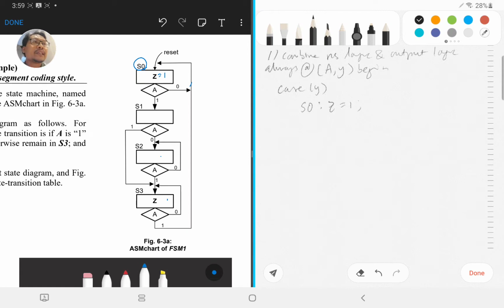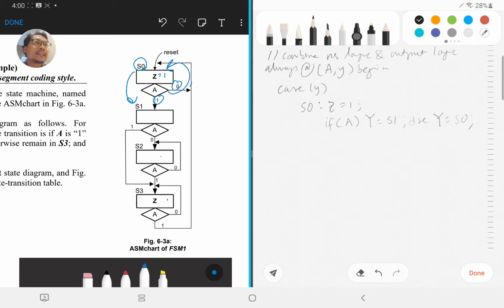At the same time, we also check that if A is equal to 1, then the big Y, the output of the next state logic, is equal to S1, else the big Y is equal to S0. So if A is 1, the next state will be S1. If it's 0, then it's going to go back. And at the same time we set our output Z.